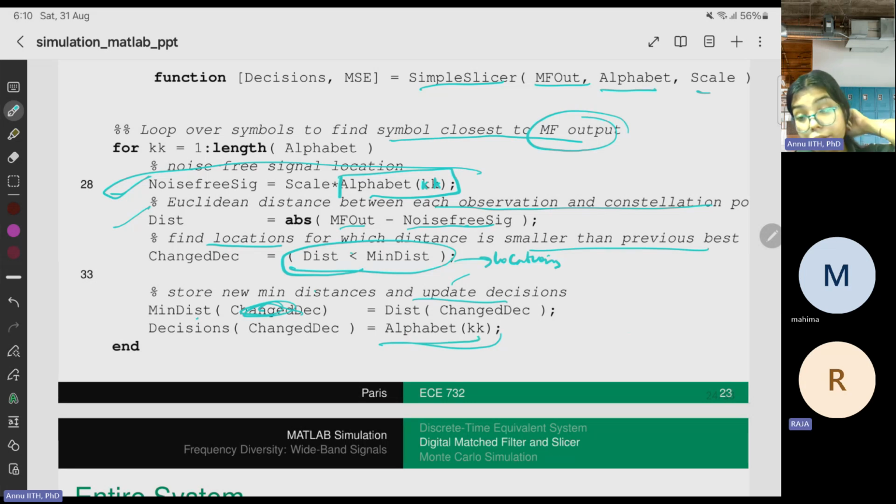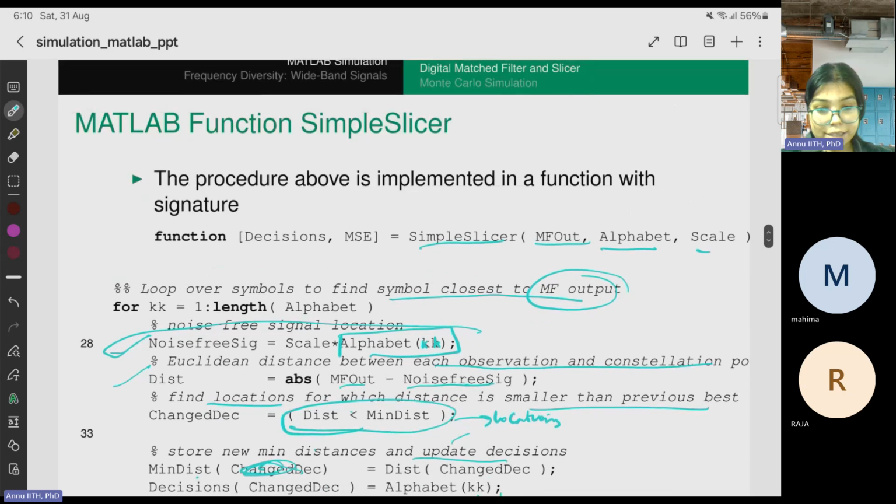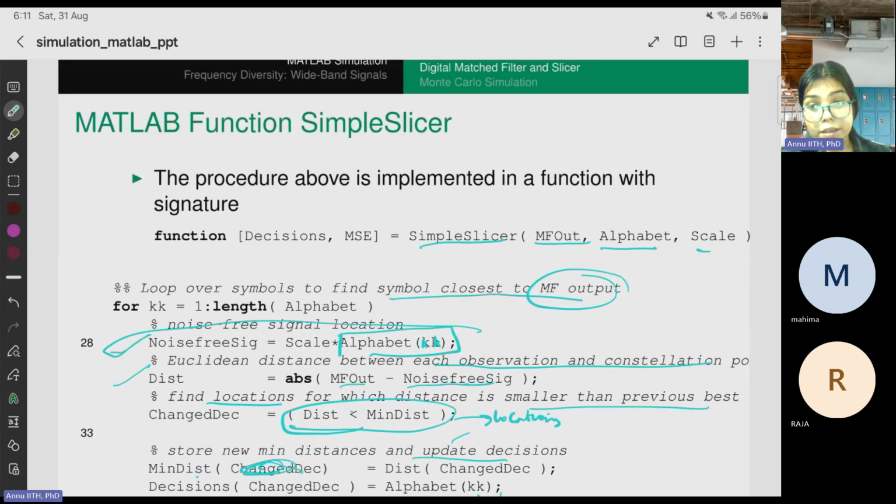So in this way... Sorry, ma'am, to disturb. I have one doubt. Why are we using Euclidean distance here? Why not Manhattan distance? Yeah, so basically the slicer is the basic rule for decision making. In communication systems, by default, we use Euclidean distance.